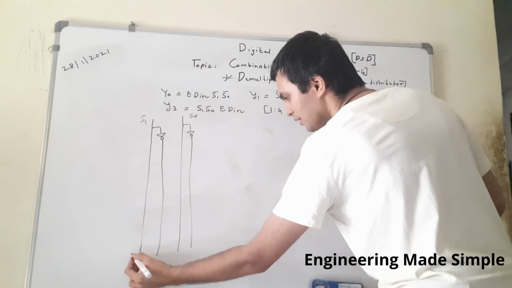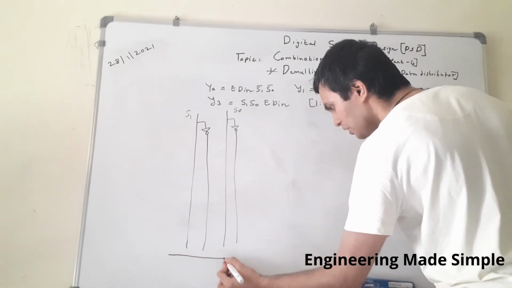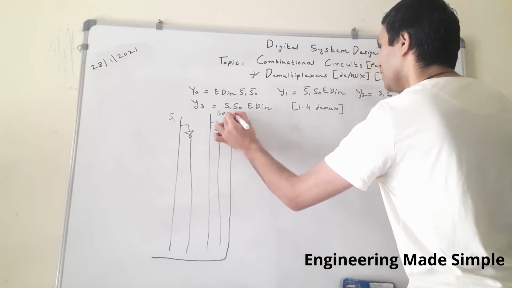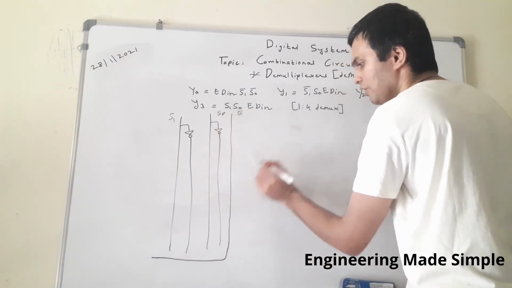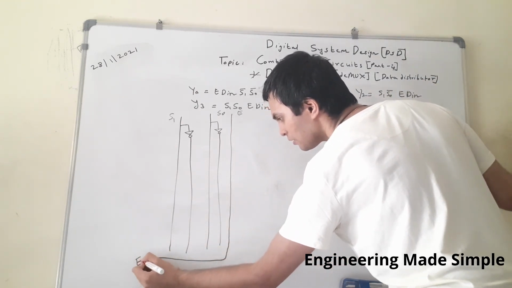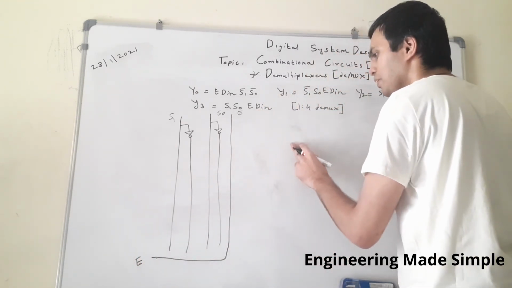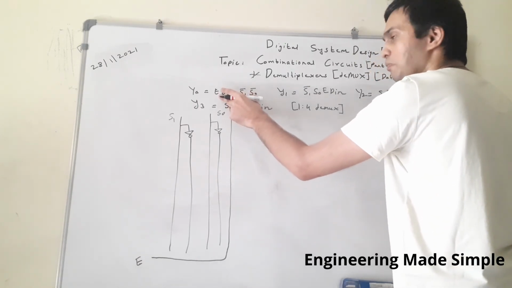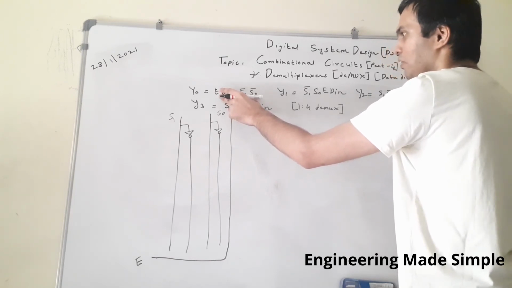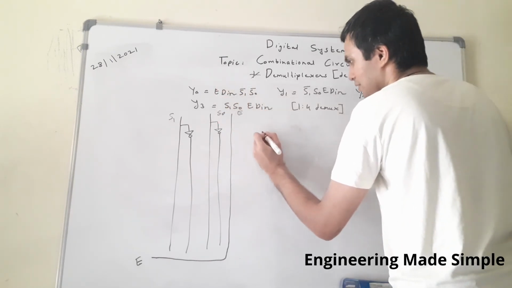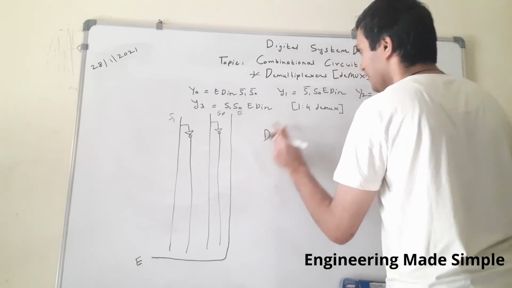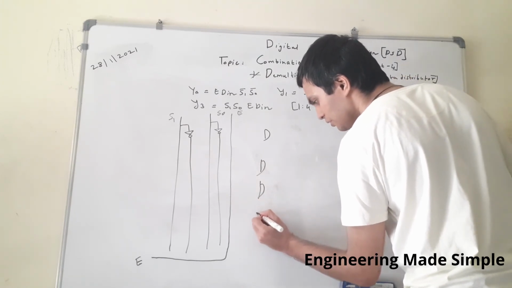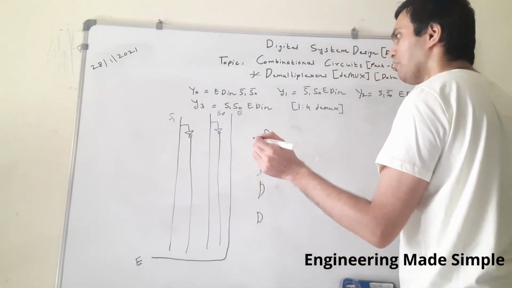Then we have the most important input coming from outside, the enable input, because enable is present everywhere and D_in will be applied. As all these terms are product terms, we need AND gates to generate these outputs. We need 4 AND gates, because we have 4 terms.